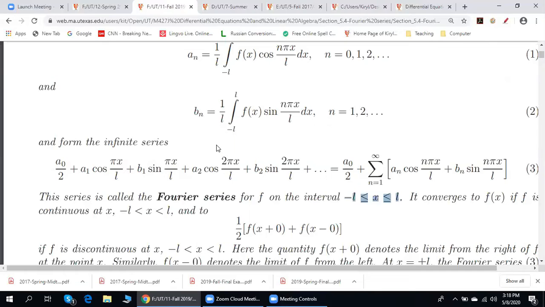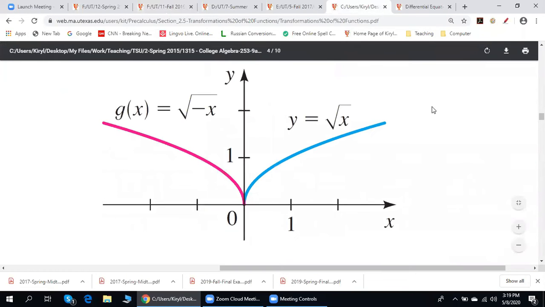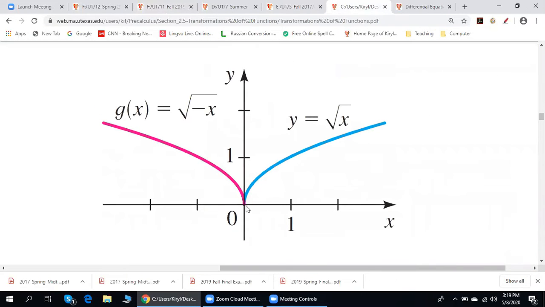By this theorem, our infinite series converges to g of x at any point strictly between negative L and L if x is a point where the function is continuous. In particular, our series will converge to the original function f of x, which is defined between 0 and L.